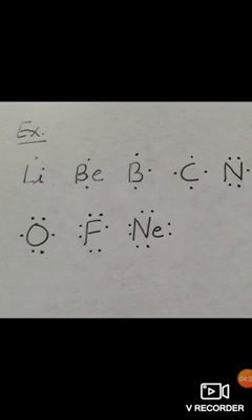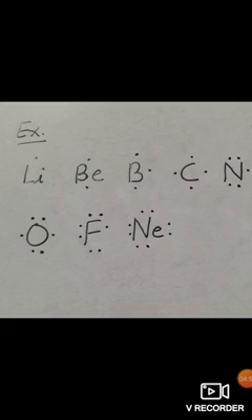The atomic number of lithium is 3, so the valence electrons found in its outer shell is 1. So we put 1 dot on lithium. Now beryllium has atomic number 4, so its configuration is 1s2 2s2, meaning beryllium has 2 valence electrons in its outer shell, also known as the valence shell.